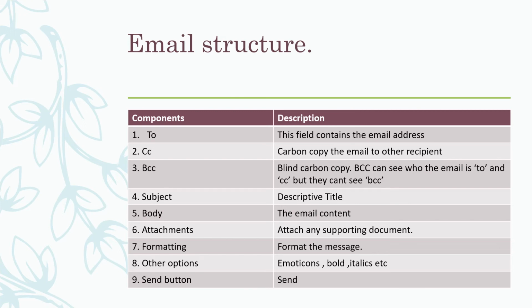You would like your text to be of a certain font, or maybe you want certain underlining or bold words, or italicized words, so that you can do through the formatting options. Other options include inserting emoticons and whatever is not mentioned in the formatting options. Then finally comes the send button, which we click to send it to the recipient.